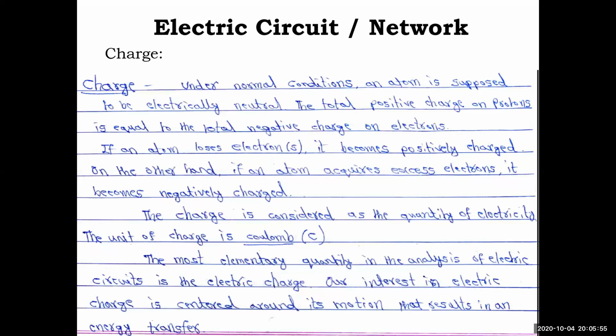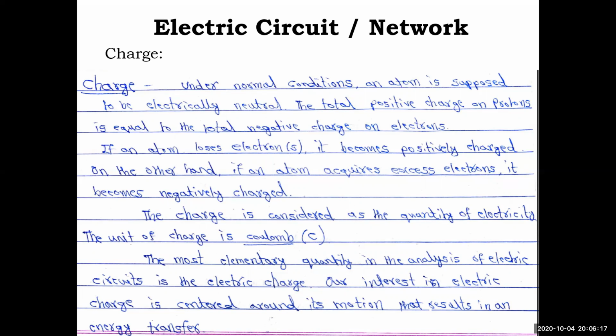This charge is considered as the quantity of electricity, and its unit is the coulomb, right? We write it as capital C, and it can be described in different scales, like nanocoulomb, microcoulomb, and so on. The most elementary quantity in the analysis of electric circuits is the electric charge.